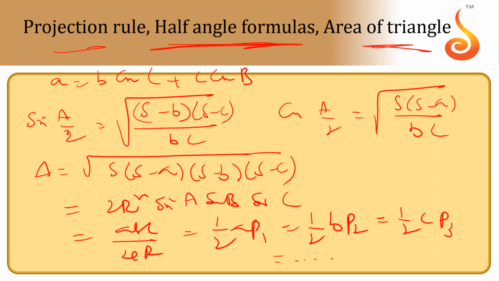So this delta you have using the incircle also, small r into s, where s is the semi-perimeter, r1 into (s minus a), r is the inradius, r1 is exradius, r2, r3 also, they are exradii opposite to capital A, capital B, capital C. So delta, you have many number of formulae. Please learn all those.